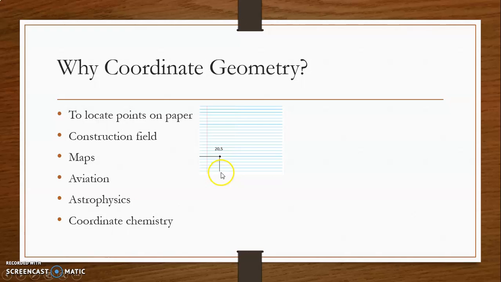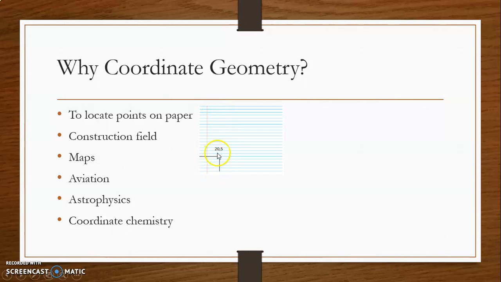Or from below also you can measure and count some lines and come to this point. So here it is 5 above from the below line, and 20 below this first line.